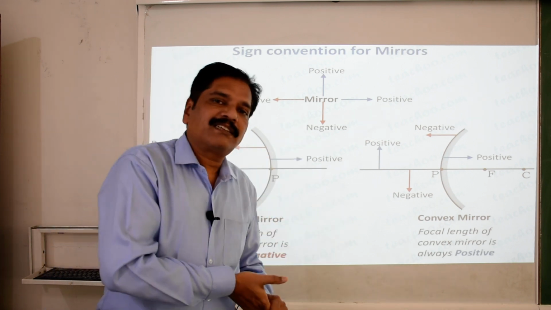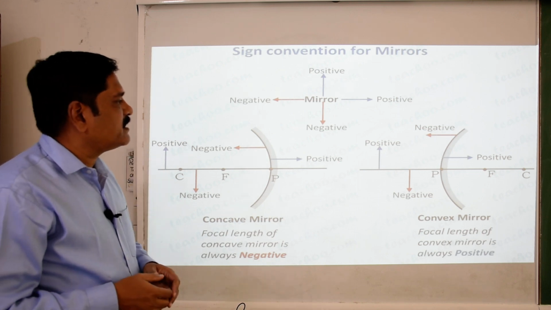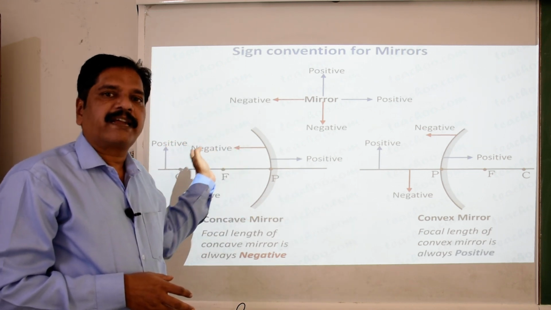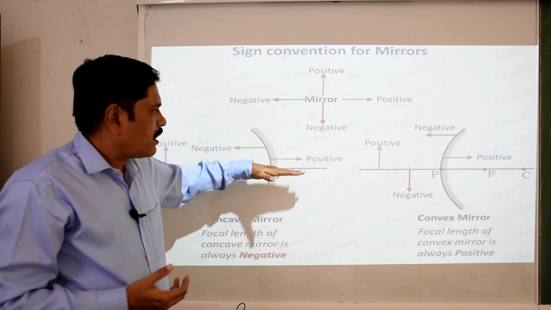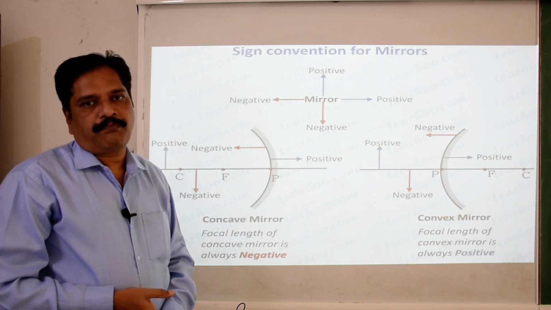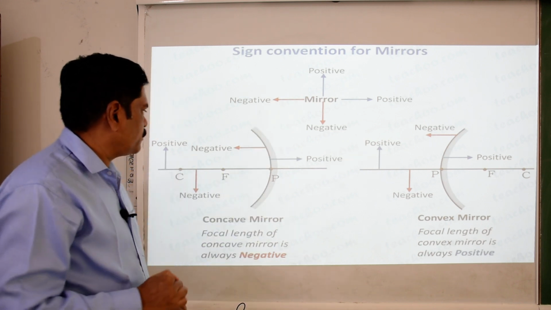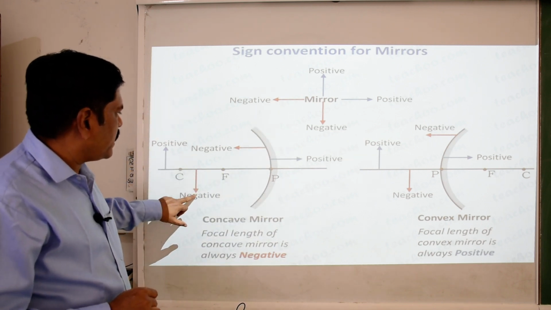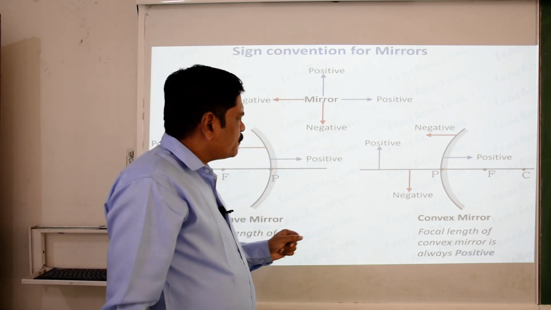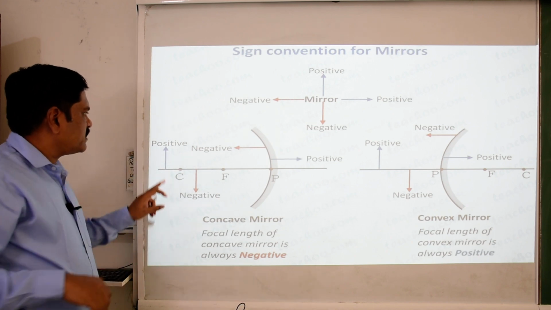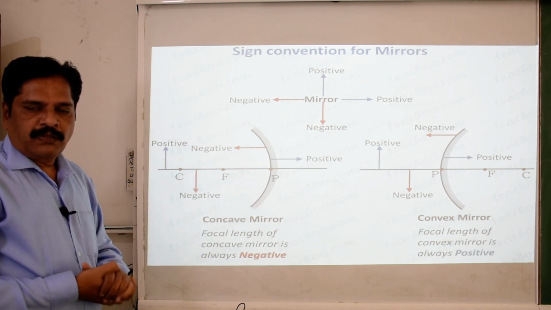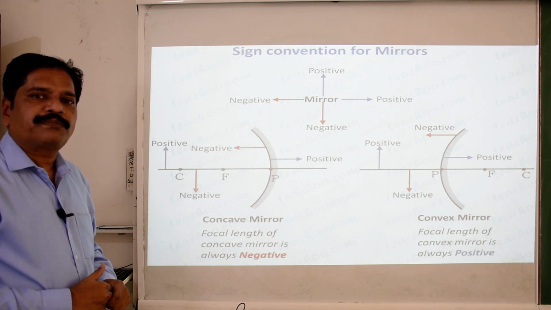As we discussed earlier, whenever we take the distance on the left hand side it is negative, on the right hand side positive. Above the principal axis perpendicularly it will be positive and below it negative. So this is the negative height and this is the positive height. Now suppose this is the object placed in front of the mirror, then what will be the distance of the object?